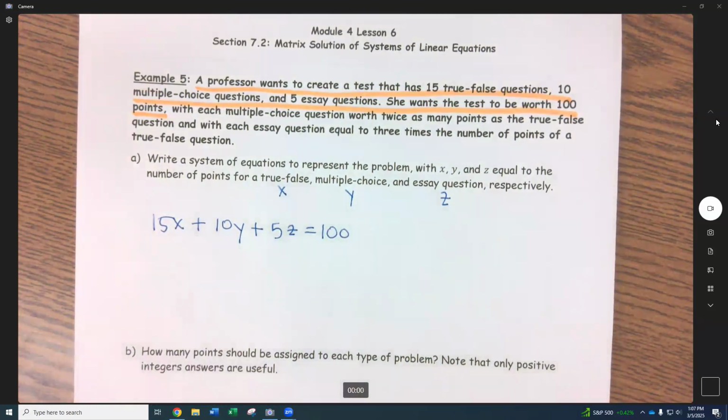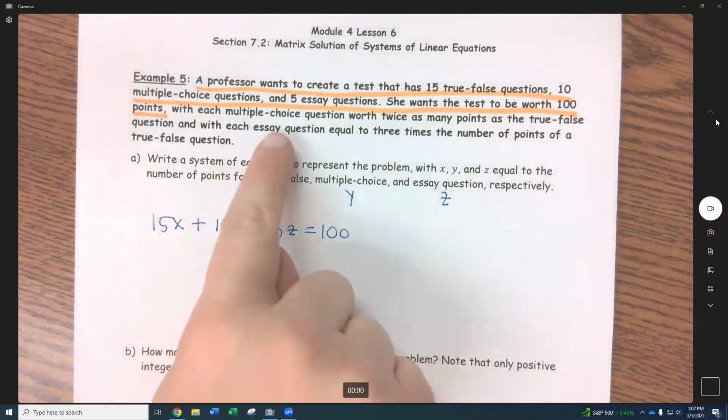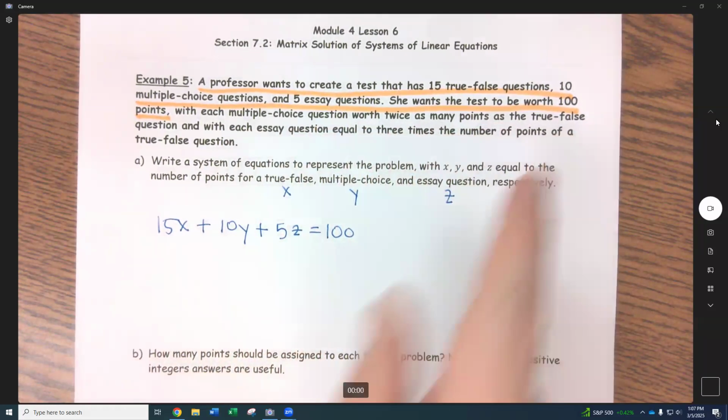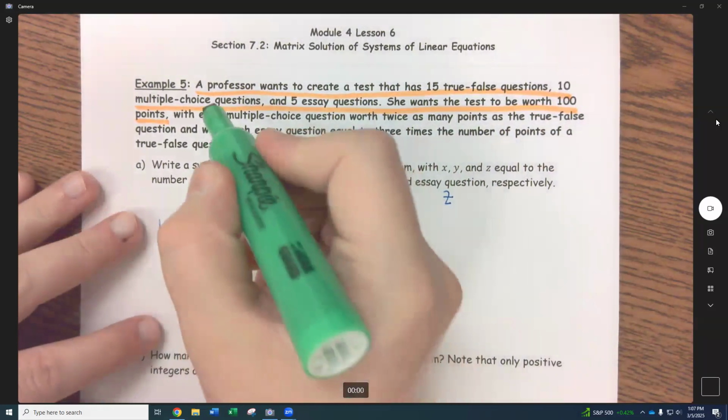Okay. Now it goes on to say, with each multiple choice question worth twice as many points as the true false. That's my second equation.